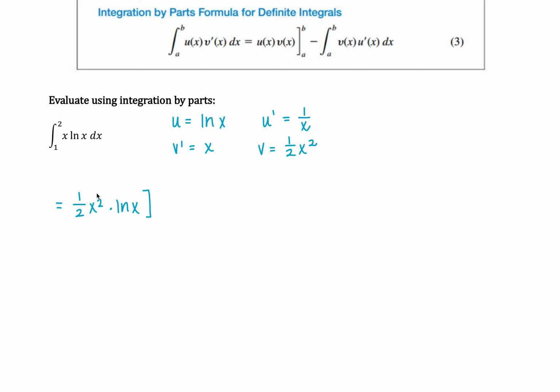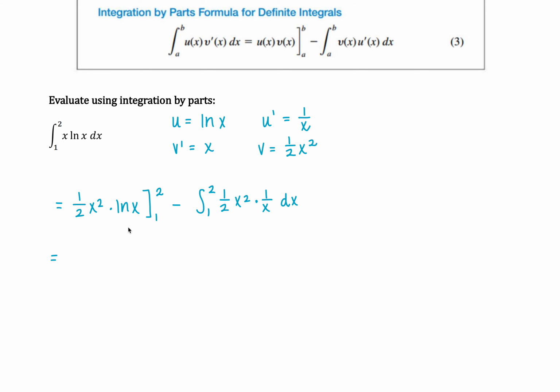Because this is a definite integral, we need to evaluate this from 1 to 2. Then we're going to integrate vu prime. Again, just following the formula, it's going to be 1/2 x squared times 1 over x dx. Now, the x in the denominator is going to be able to cancel out here, so we're going to have a much simpler integral. But we'll get there momentarily.